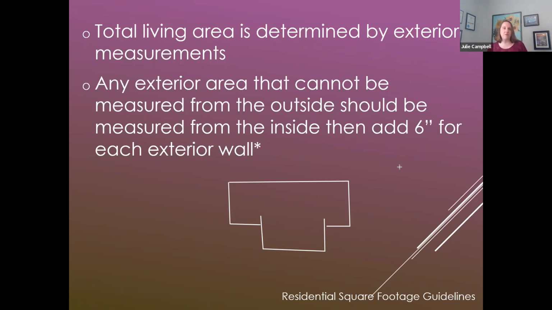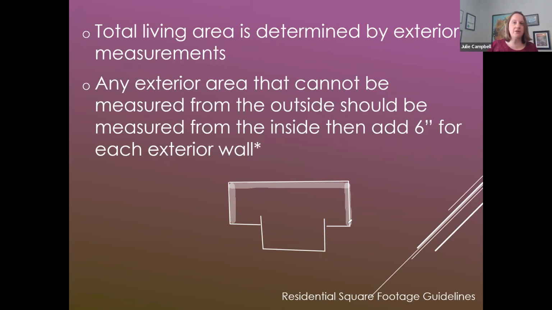We cannot measure the outside of the second story. I do not want you guys getting on a ladder. That's not our job. So when we're trying to figure out the total heated square footage of an area we can't get to on the outside, the rules say we go inside and measure all the exterior walls. An exterior wall is one where the other side is the outside.